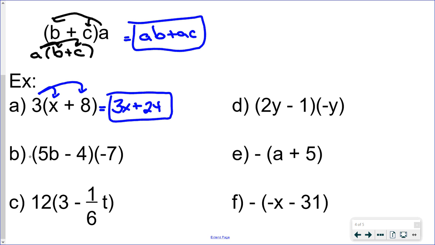All right, the negative 7. Again, if you prefer to move it over to the left side, you're welcome to do that. A lot of students like to do that, so I'll rewrite it with the negative 7 over here and distribute the negative 7 in there. So negative 7 times positive 5b would be negative 35b. Now, when I bring this negative sign in with this minus sign, this is going to be really important.